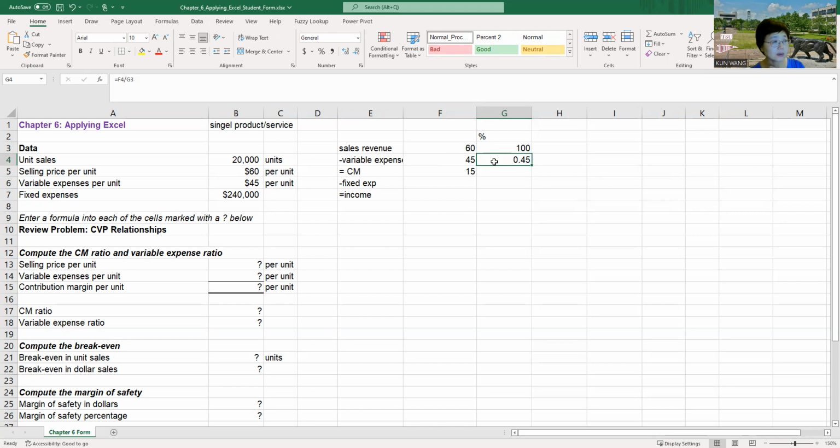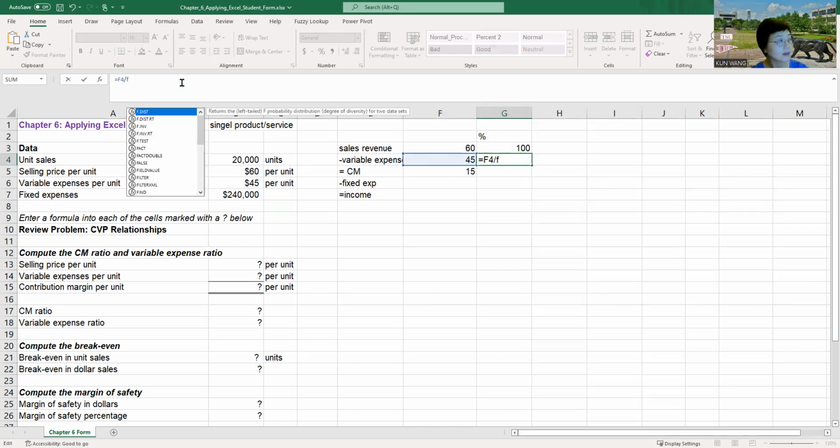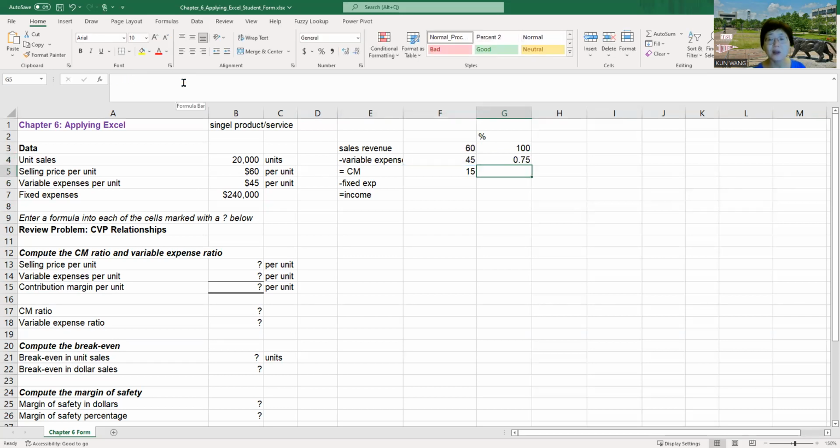So, oh, I think I put this wrong. 45 divided by 60 is 75. So 3/4 of your revenue covers the variable expense.